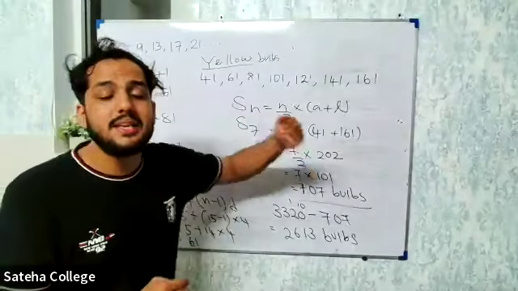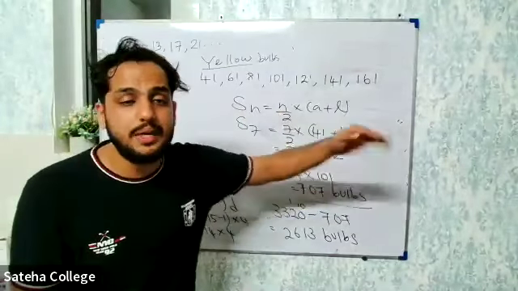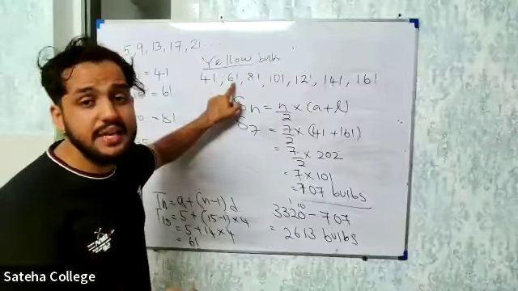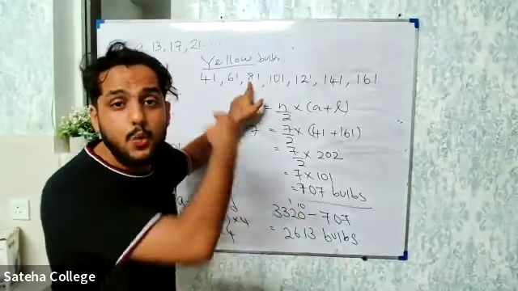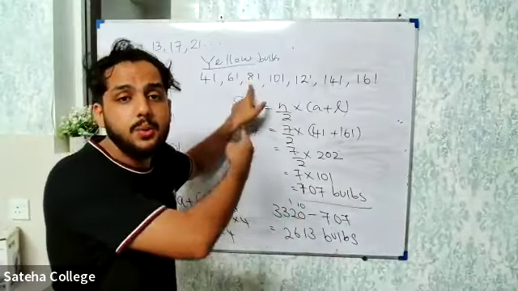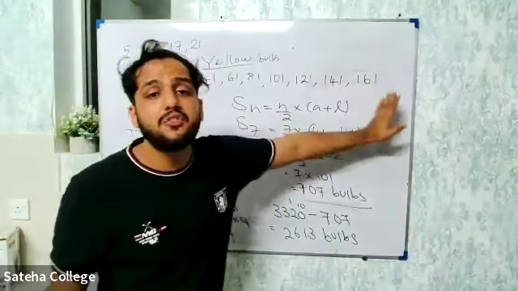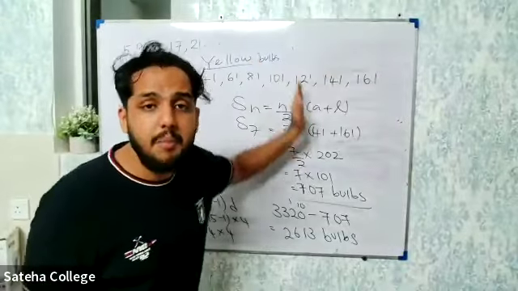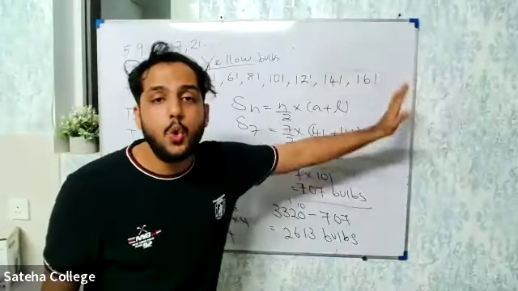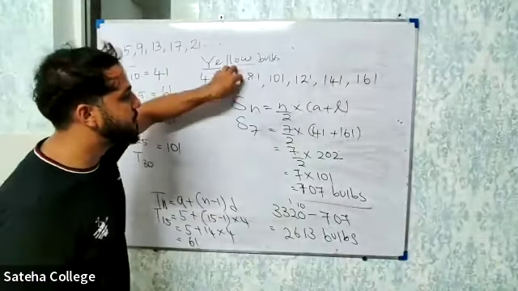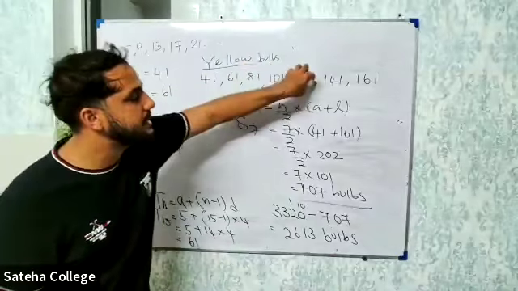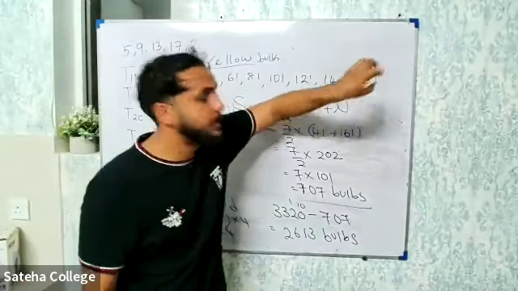Likewise, for each multiple of 5, this is the 10th circle, the 15th circle, the next multiple of 5, the 20th circle, will have 20 more bulbs, 81, 101. Until the 40th circle, every multiple of 5 has only yellow bulbs: 10th, 15th, 20th, 25th, 30th, 35th, 40th.